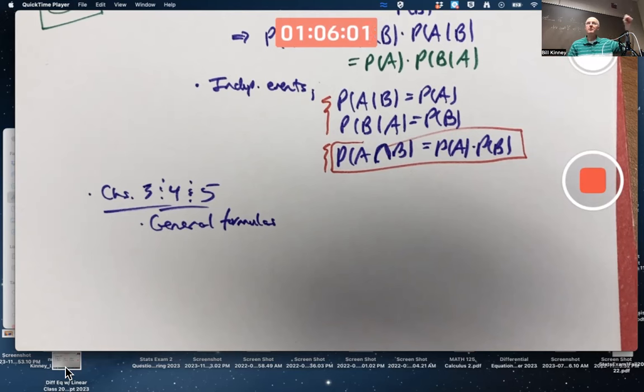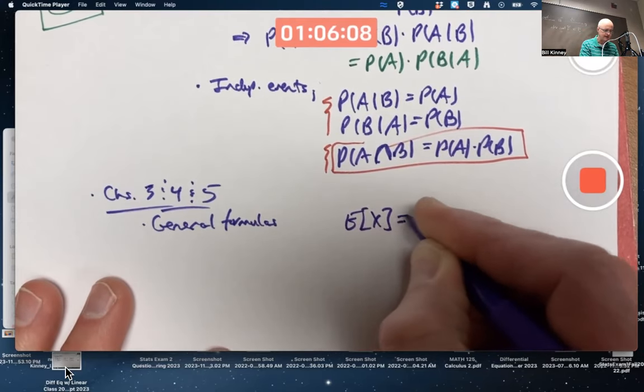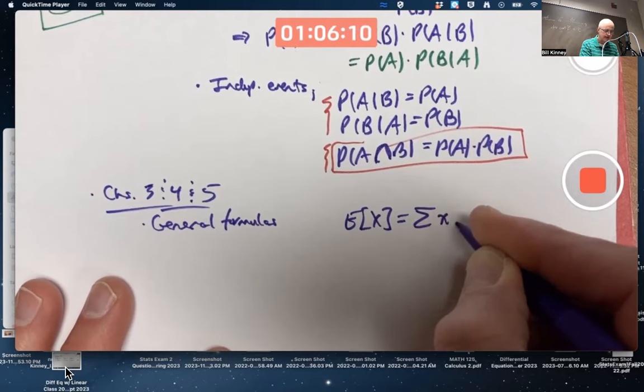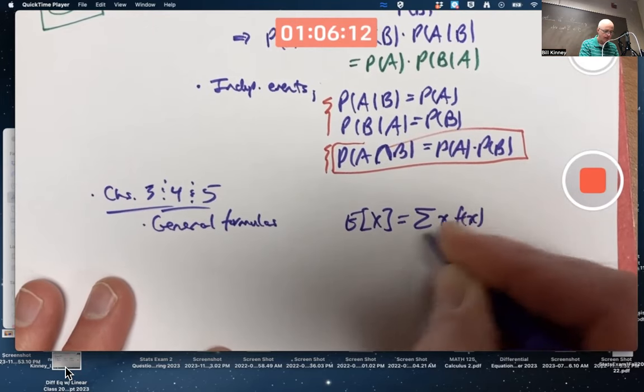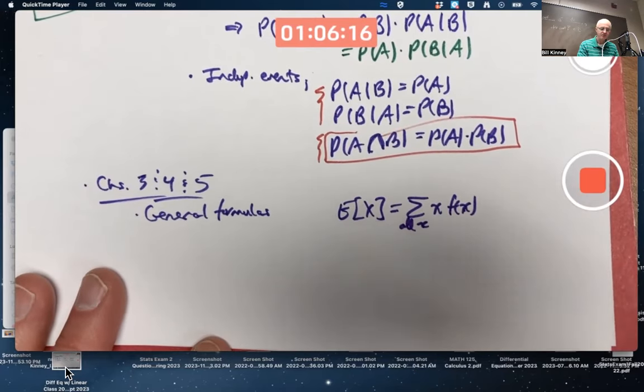You've got general formulas for expected value. For example, in the discrete case, the expected value of X is this kind of thing, summed over all x. In the continuous case, it's an integral instead.